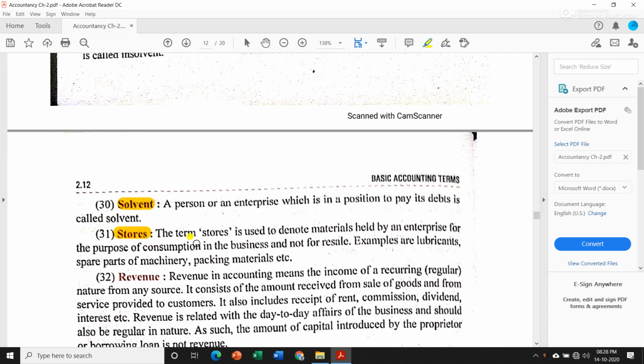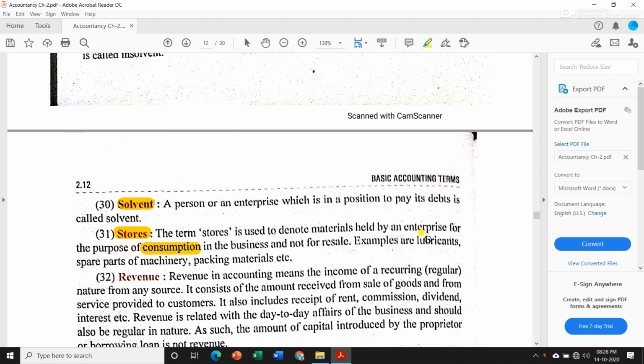Now stores. Stores is used to denote materials held by an enterprise for the purpose of consumption in the business and not for resale. Now this kind of materials we keep in our business, we use it every day, but we do not keep it for selling purposes, and while using them we consume them, which means the quantity of these materials decreases day by day.